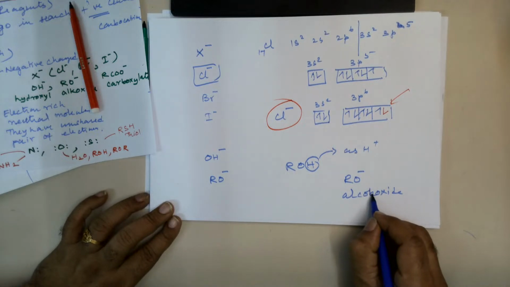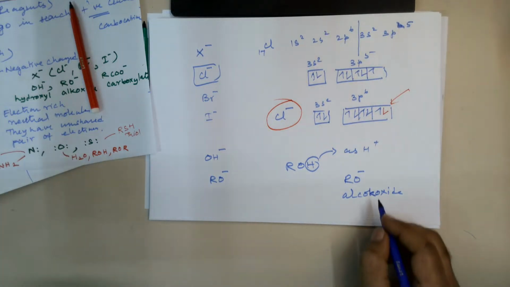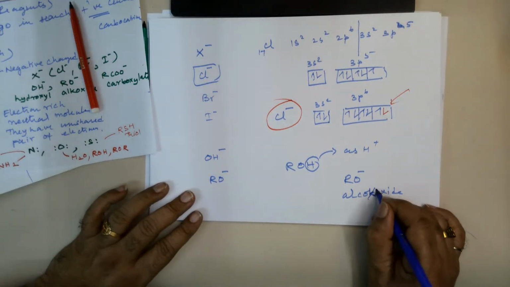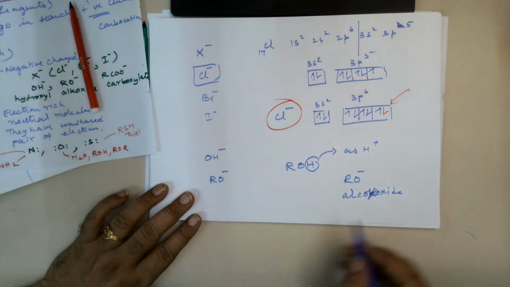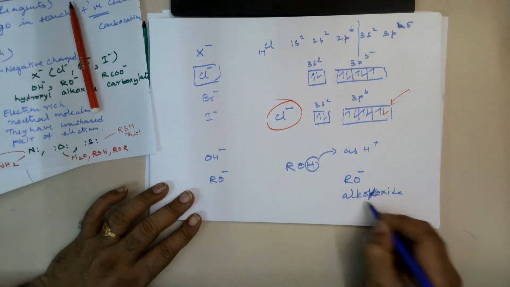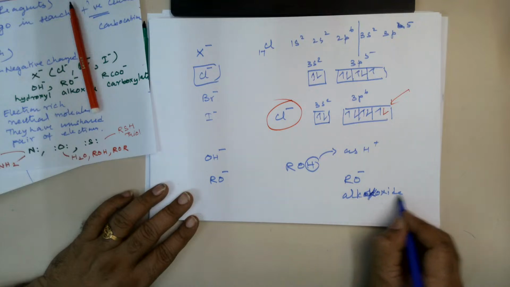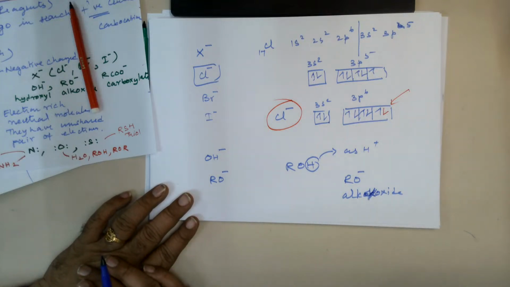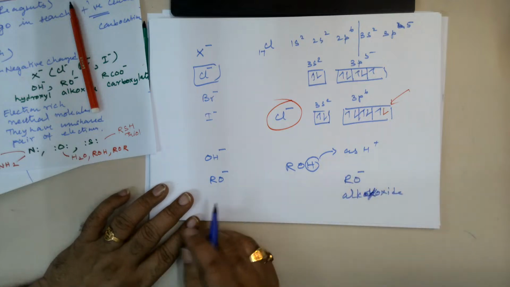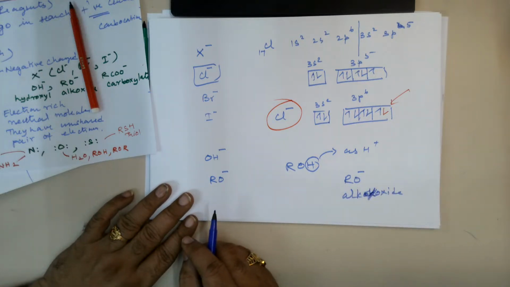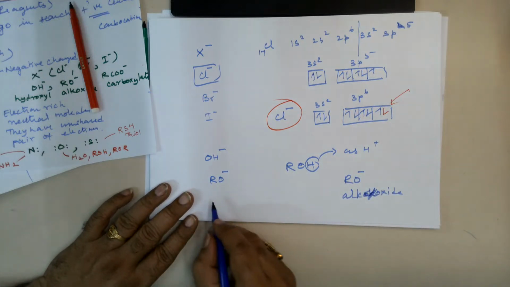You can put K here, potassium alkoxide. And you have similarly carboxylate.